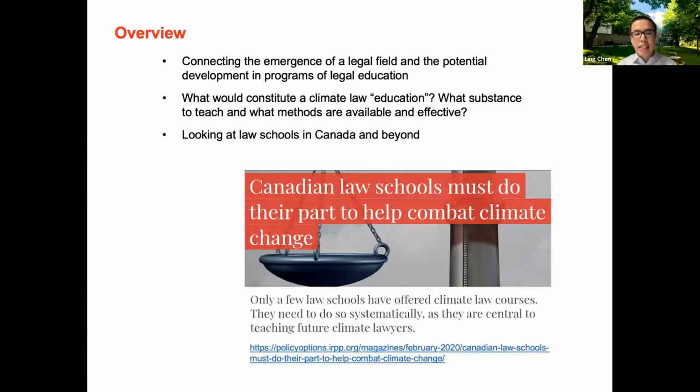It then begs a set of legal education and curricular questions. What would constitute a climate law education? What levels of programs are productive for teaching and learning? What methods are available and effective, and how do we develop interdisciplinary and even transdisciplinary courses?